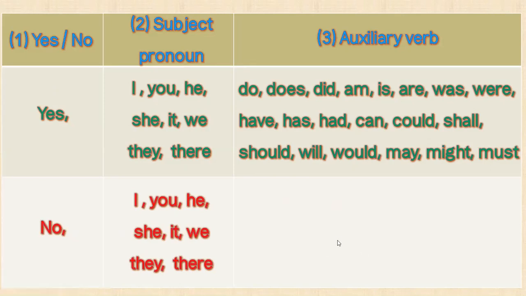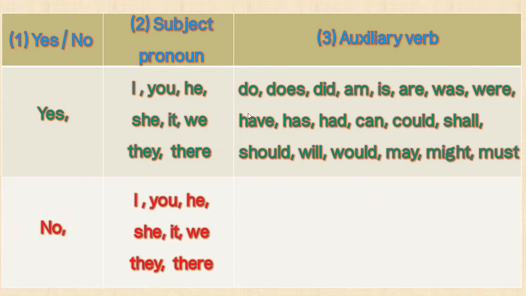Arweli again? Yes, Arweli. Don't. Or didn't. Well done, Arweli understands that when we answer using no, we make a negative short answer. When we make a negative short answer, we must use negative auxiliary verbs.